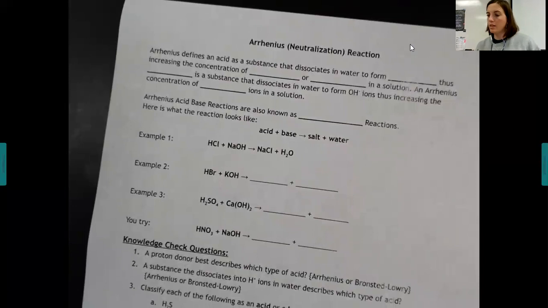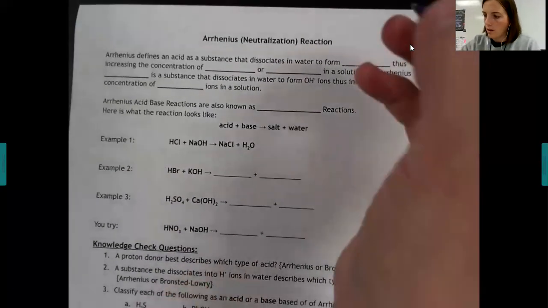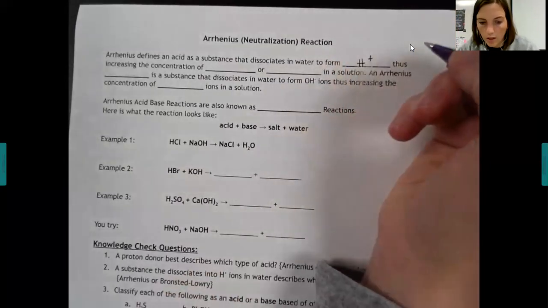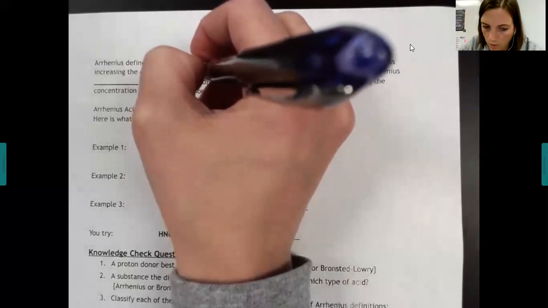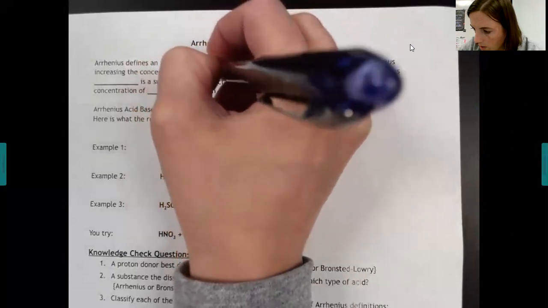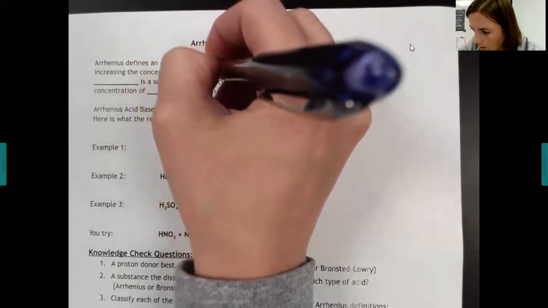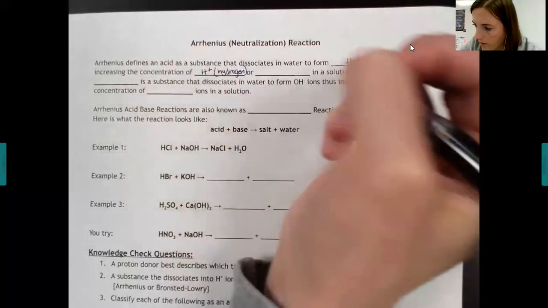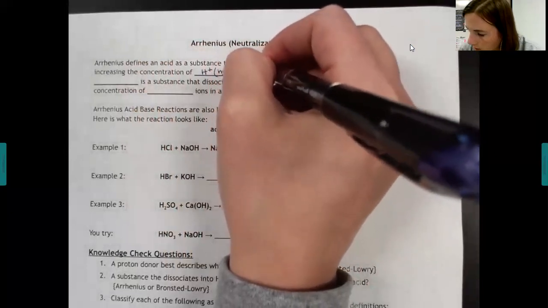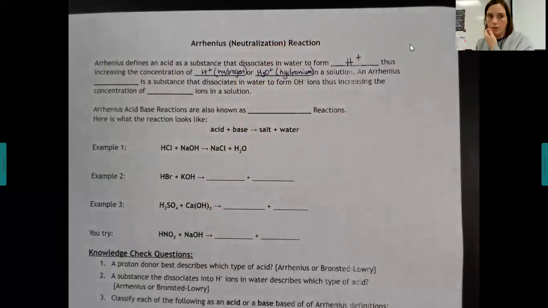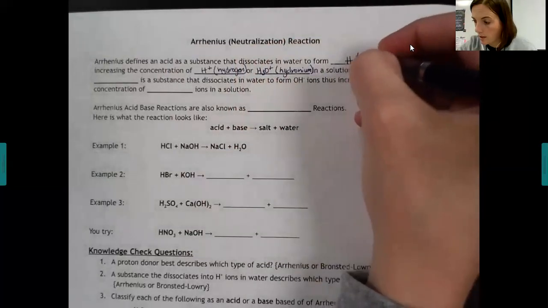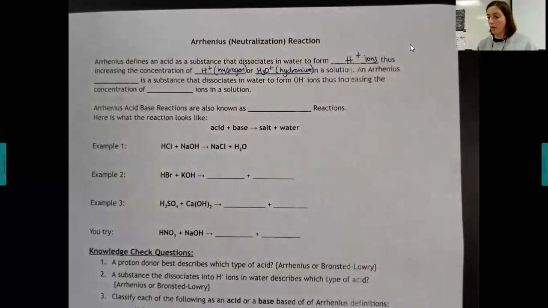Arrhenius defines an acid as a substance that dissociates in water to form hydrogen ions, thus increasing the concentration of hydrogen or hydronium in a solution.